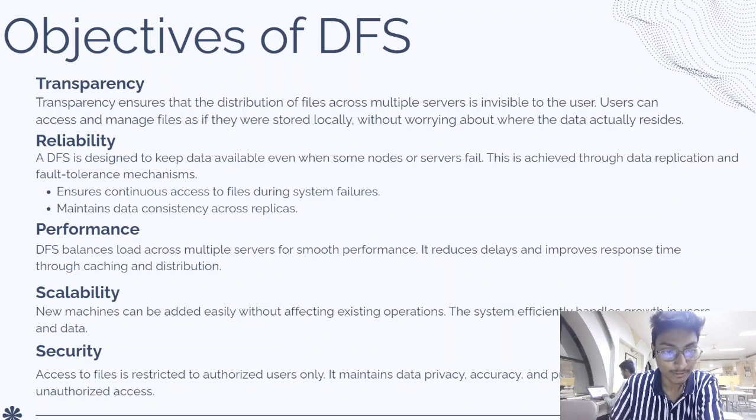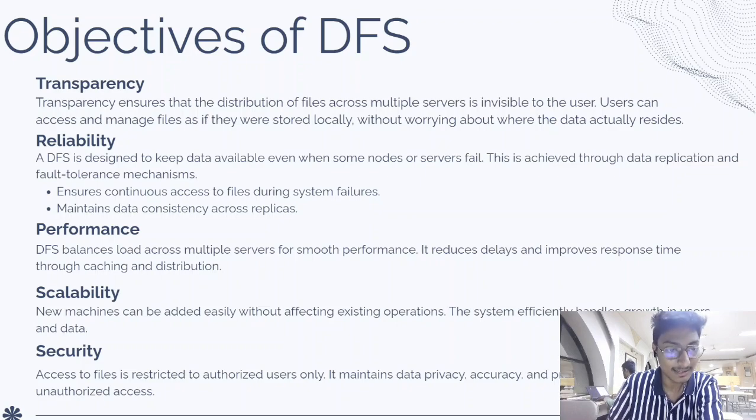This means we don't have to type in the special IP address of server 1 to get one file and server 2 to get another. We just click the file in the folder. The DFS in the background figures out where that file actually lives, or where pieces live, and goes and gets it for us. That's location transparency and it's what makes file systems easy to use.